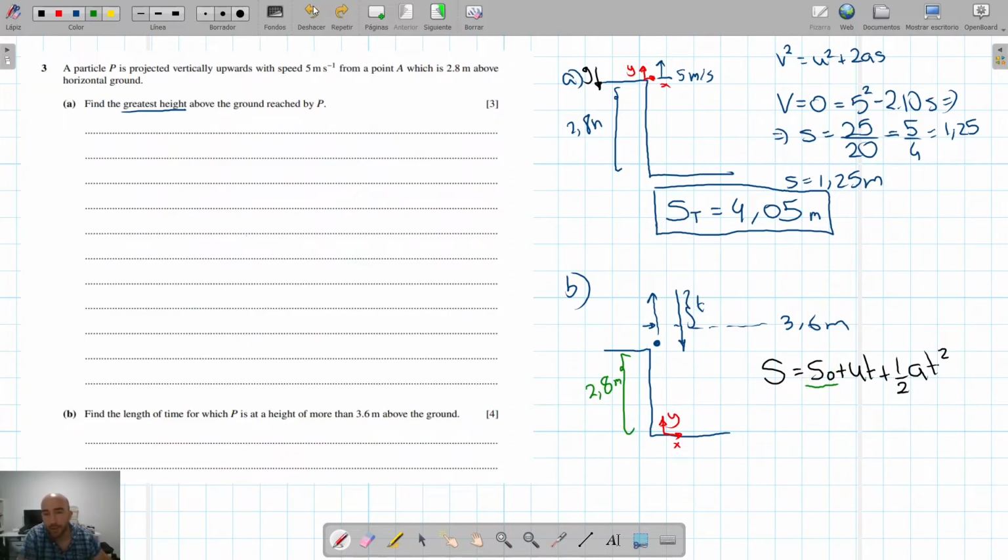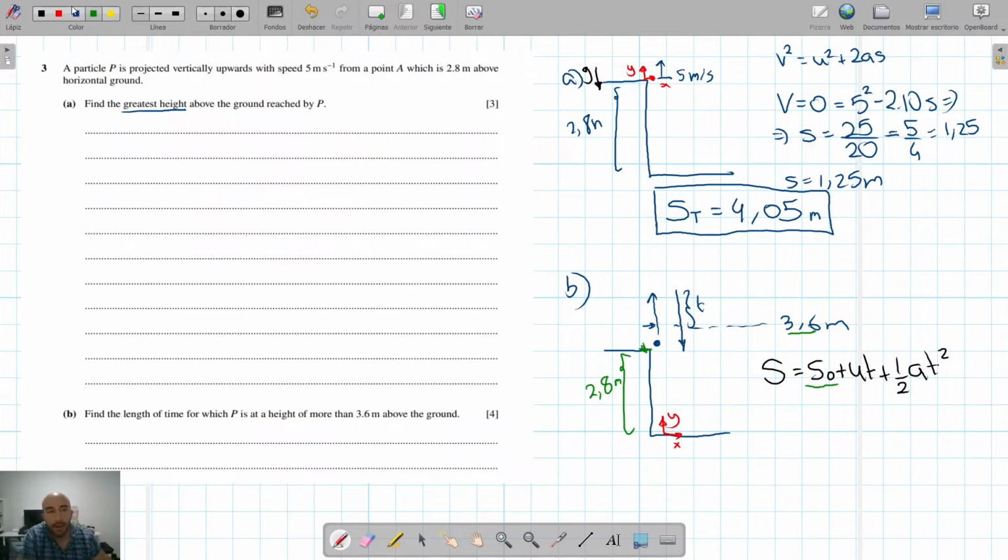So if you're not comfortable using this S0, you can do all the exercise as if you were starting from where you threw the object and then add 2.8. I'm going to do it already from here. If you start at the height where you throw the object, the distance that they want is not 3.6, it's 3.6 minus 2.8.